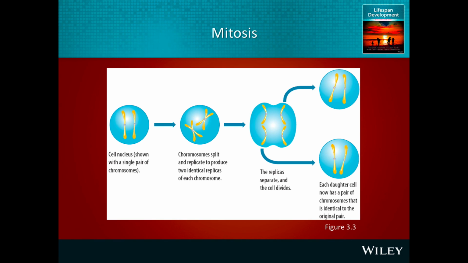And here's an example of mitosis. So this process ensures that the duplicate cell is identical in genetic makeup to the original cell. Chromosomes copy themselves, and therefore each new body cell contains the same number of chromosomes and the identical genetic information.